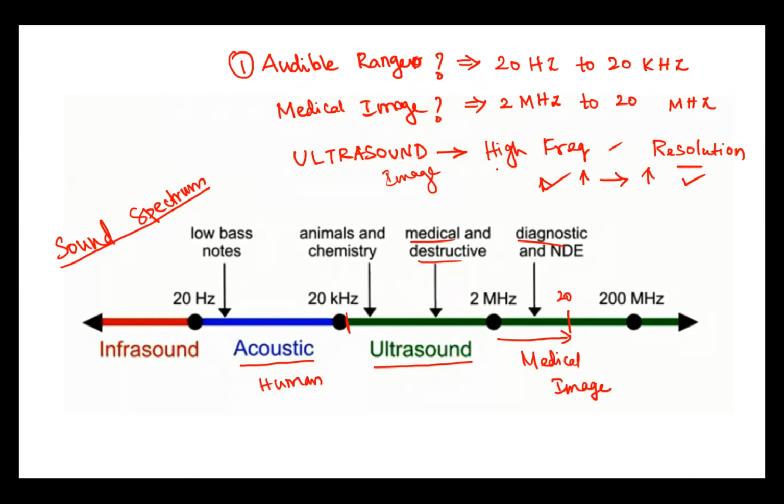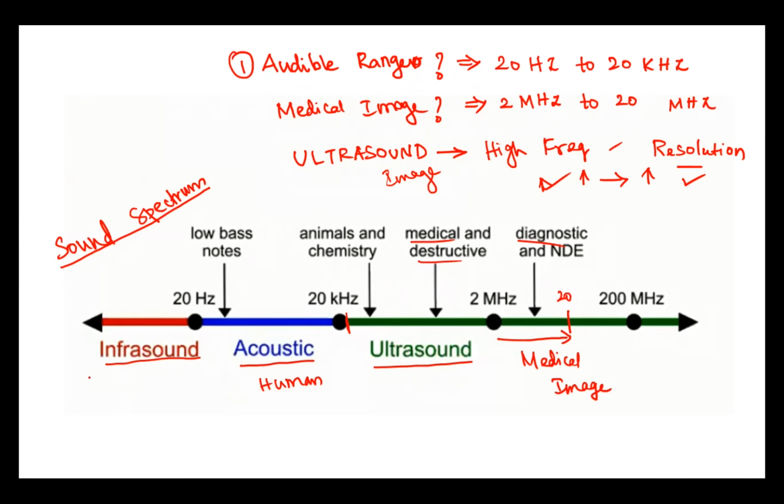So you should prefer higher frequencies, beyond 2 megahertz, right? And that is called the ultrasound band. So the acoustic band is for humans, the ultrasound band is for medical imaging. What about infrasound? Where are infrasound bands used? For insects and animals, exactly.